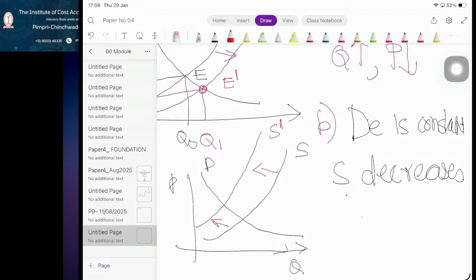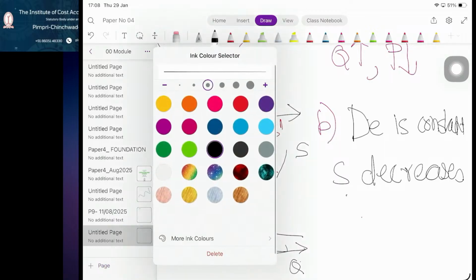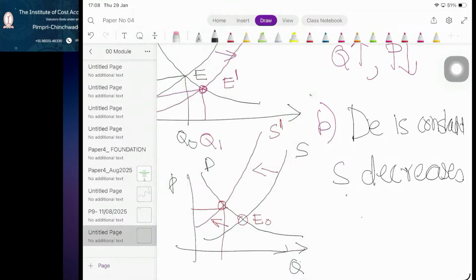Where will be the new equilibrium? The first equilibrium was here. Where is the new equilibrium? Intersection of the red line, S1, and D curve, correct? So it will be this point. Okay, tell me what has happened to the price and quantity.